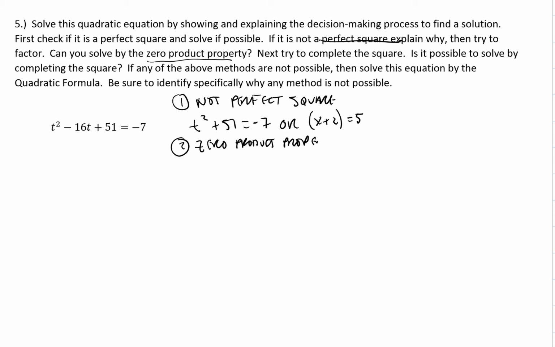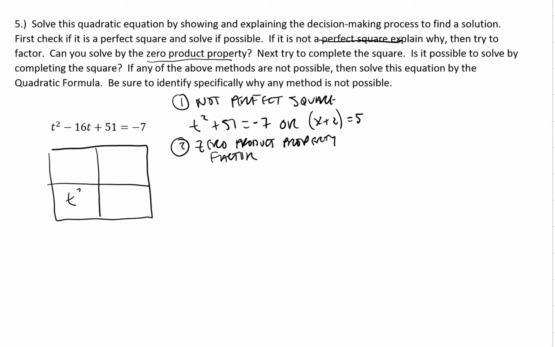And so when you look at the zero product property, we have to factor, right? So we go to factor this, and we've got t squared. And then remember, you got to bring this over, so then this is 58. So when you look at your factoring, this is going to be 58t squared, and this is going to be minus 16t.